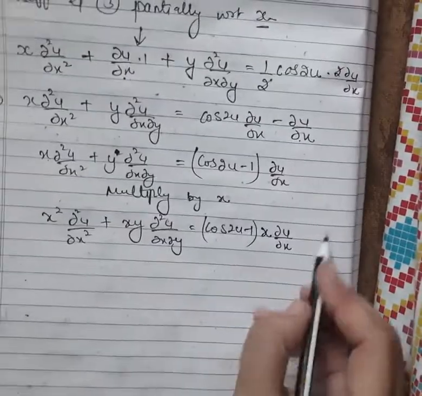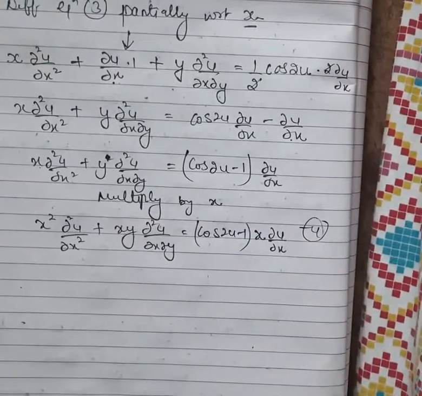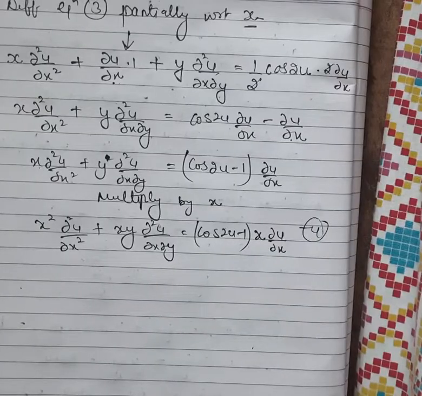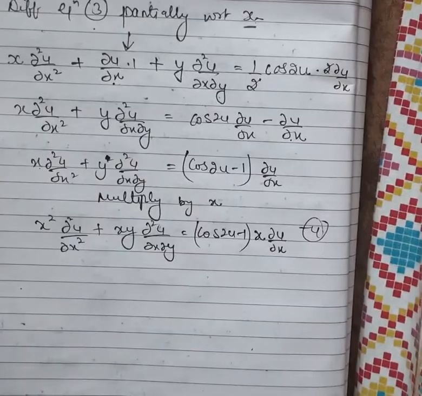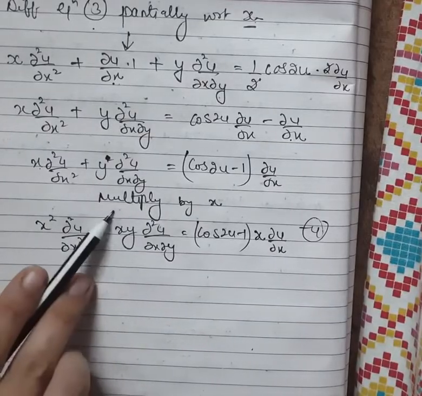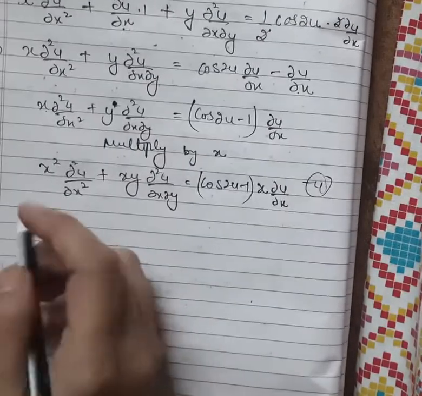Now you have to repeat the same steps in context of y, like differentiate equation 3 partially with respect to y, do the necessary simplification and multiply then by y.